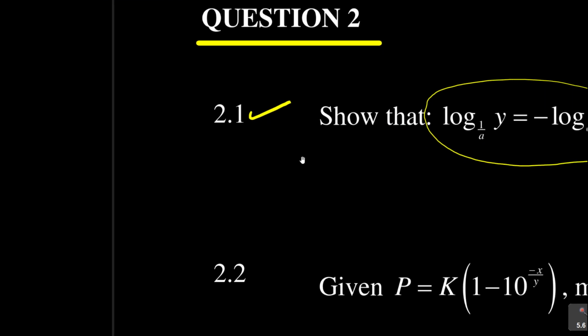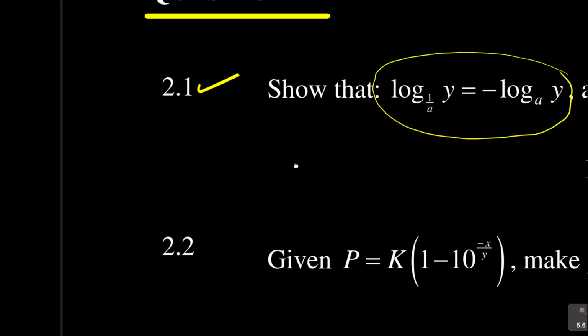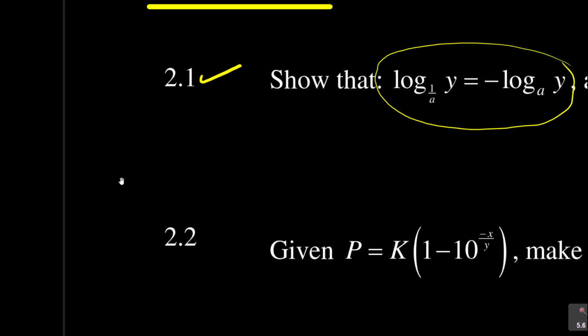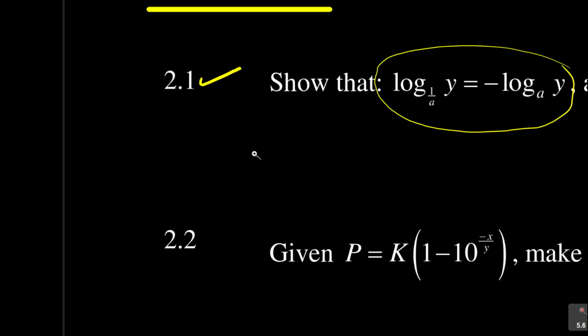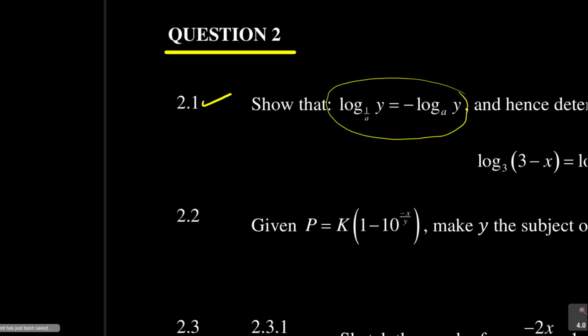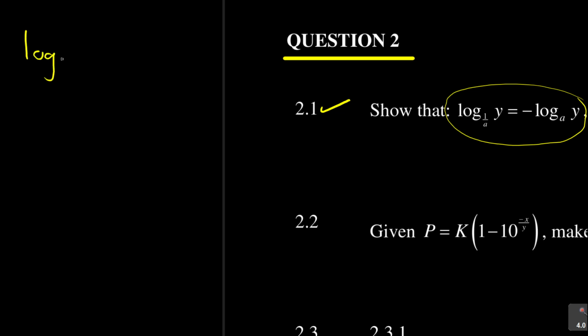So if I can write this down here, log in base 1 over a of y is equal to negative log in base a of y.